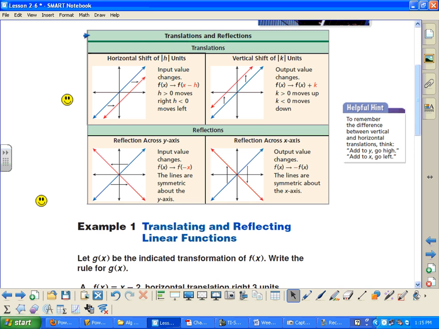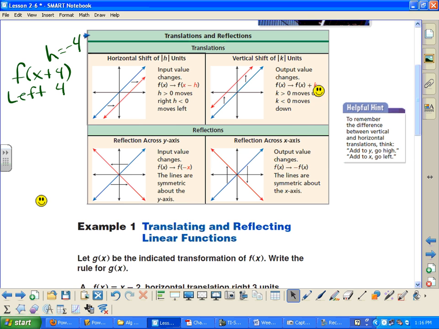So if I have f of x plus 4, that's going to move to the left 4, because the value of h here equals negative 4. That's why it says f of x minus h.